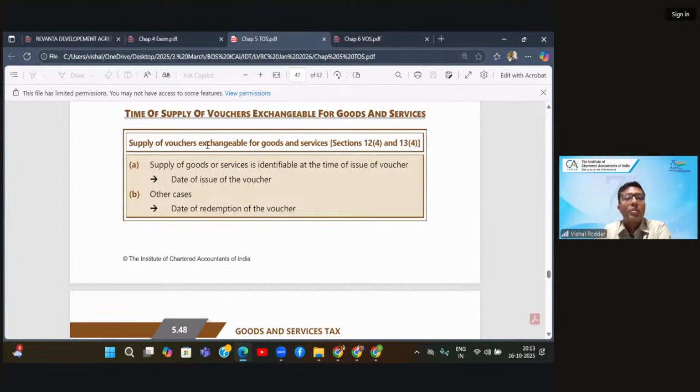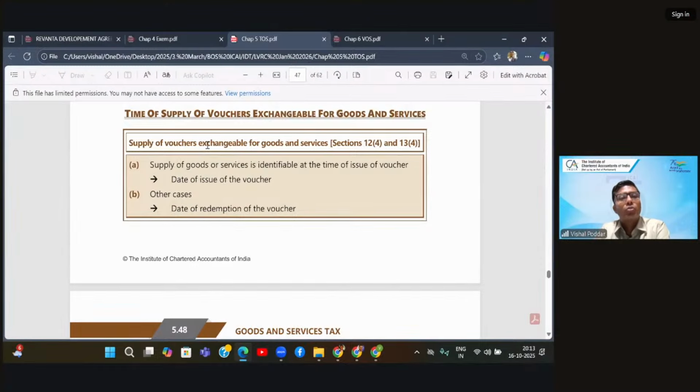In fact, this has now been clarified by the council and brought in as a clarification and amendment. And very soon after this attempt, this section would also go, because it has been deleted. But for the purpose of exams, we just need to know what the section is, because it is still applicable today. Now, what is this time of supply?